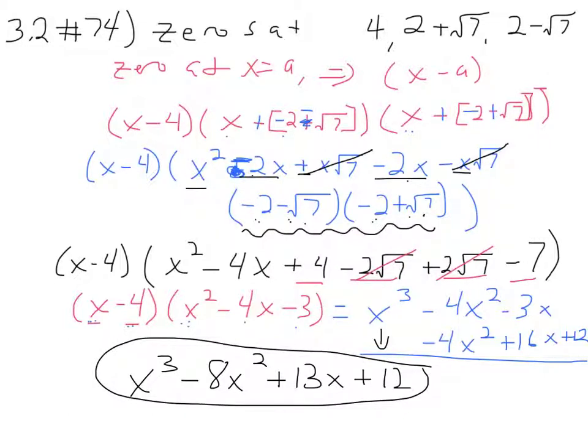Alright, so now if you graph this, you see that indeed it crosses at about negative 0.65-ish, somewhere in there. It crosses at 4. And it crosses again at about 4.6, which is about where we would expect.